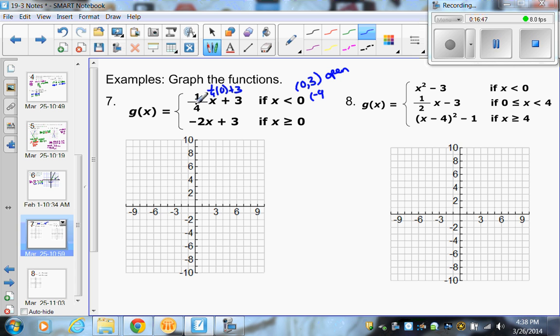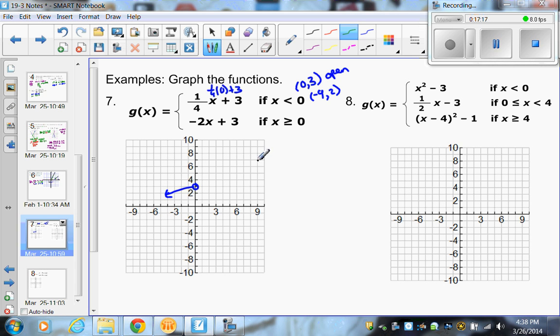So when I plug in -4 here, 1/4 of -4 is -1, and -1 plus 3 is 2. So I know it has to go through that point. So when I graph this, (0, 3), I have an open hole, but then I also know which direction it has to go because I have to go through that point right there, which tells me my graph looks like that.